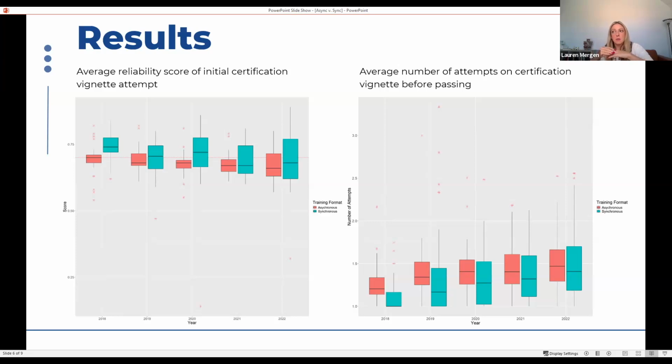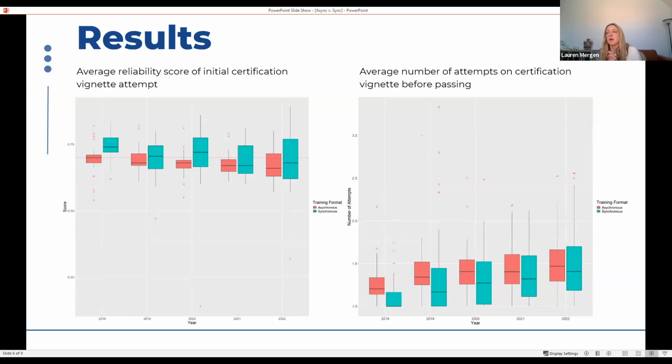But what sticks out the most to me is that in all years except for 2018, the range of the asynchronous group falls within the range of the synchronous group and is also much tighter, which is also true in 2018. Now, 2018 might be a little off. We did switch platforms that year, so there is some disruption. But for the most part, you can see a pattern here.